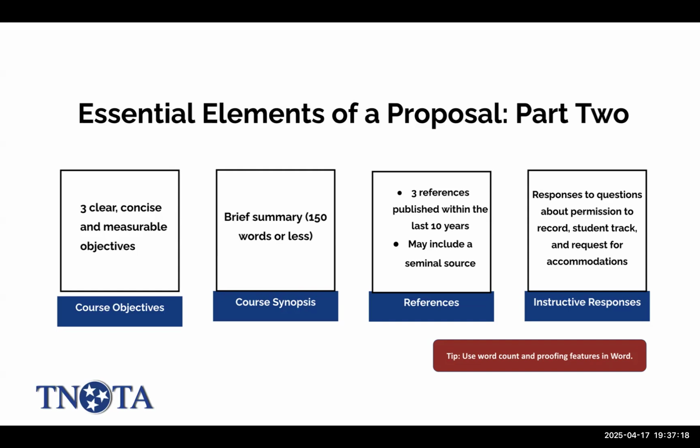Next is the course synopsis or the overview or summary of what your course is about. They ask that this be 150 words or less. And so that is just like a good solid paragraph. You can write it in 2 paragraphs, but just think of the length of it in your head as a solid paragraph, and let it describe what the session is about.